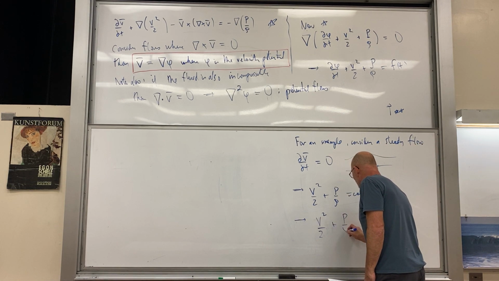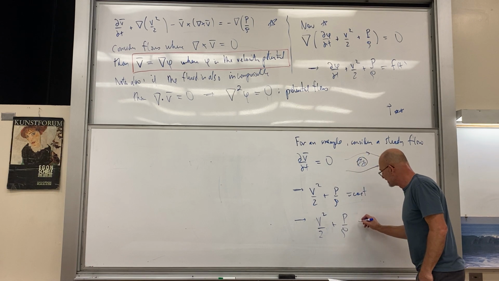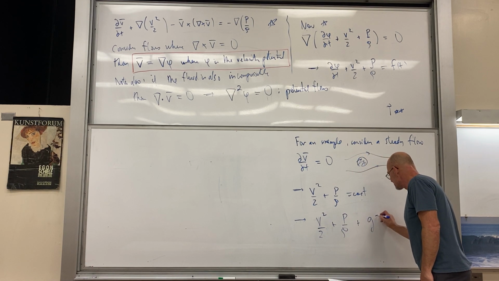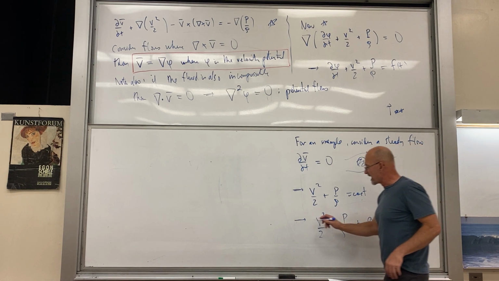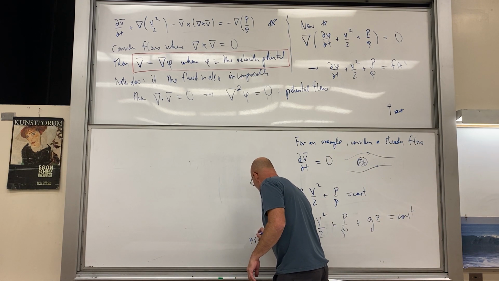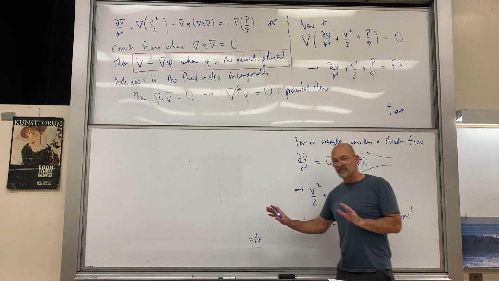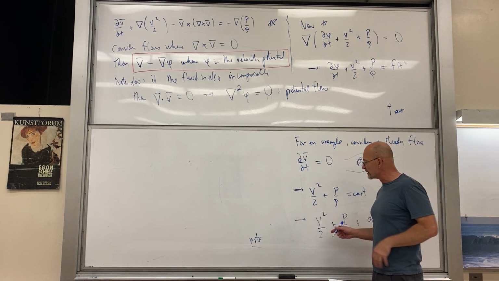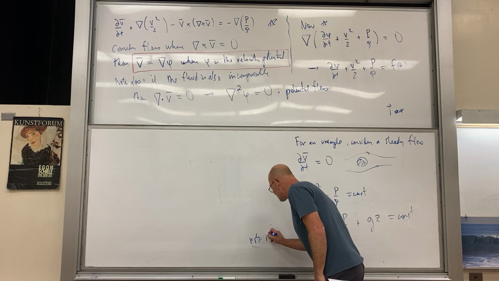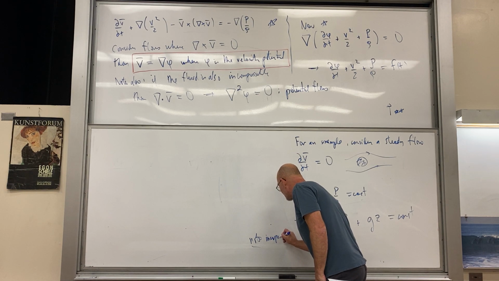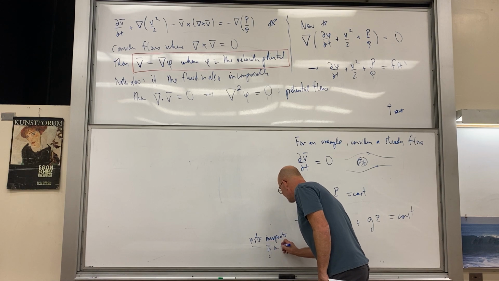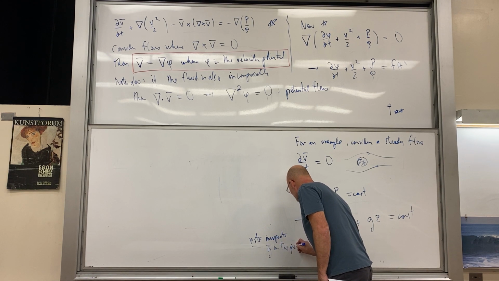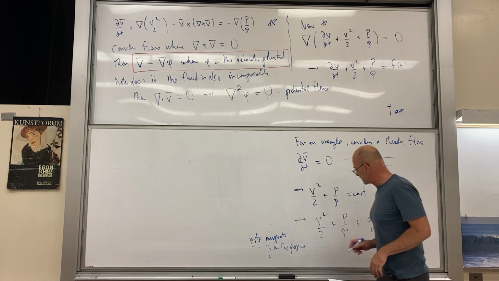Plus P over rho plus G times Z equals constant. So a note here: see the previous incorporation of gravity into the pressure. Incorporate G in the pressure expression, which is in your notes.